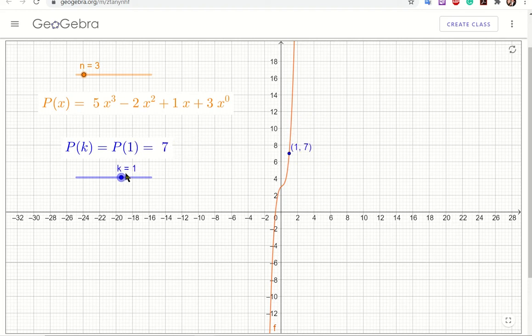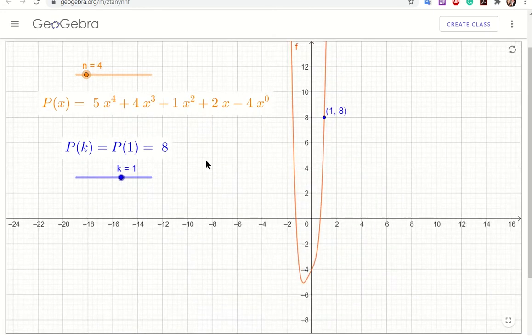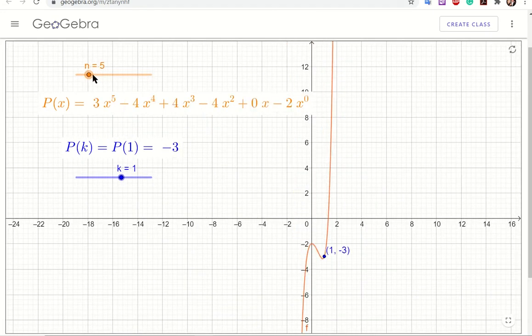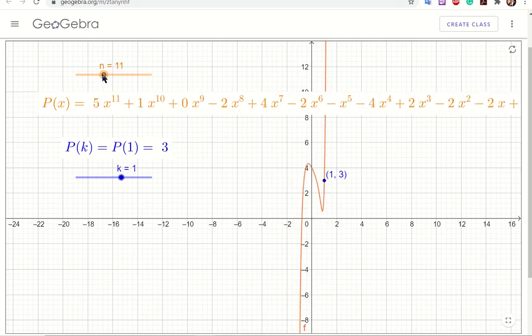So we should have 5 minus 2 is 3 plus 1 plus 3 is 7. And sure enough, when x is 1, we got 7. And this is the same for a polynomial of any degree, including quartics or quintics. And as we slide n up to 30, you'll see that we get some weird and wonderful shapes.